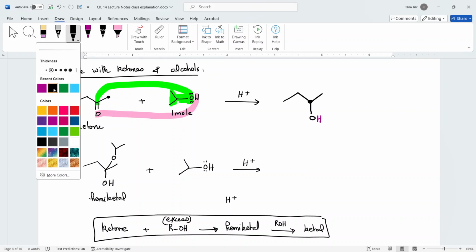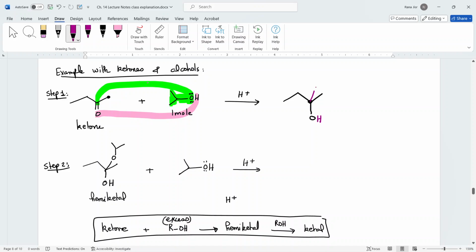Please pay attention to that. So I need to make a connection between the oxygen and the isopropyl group. It's going to be an OR addition, not an RO addition. The connection is so important. And there, notice that on this carbon, I don't have a hydrogen here. I have a CH3 because I'm starting with a ketone.